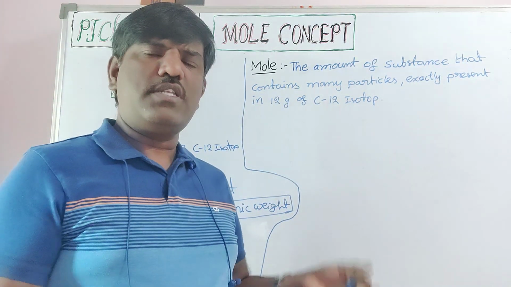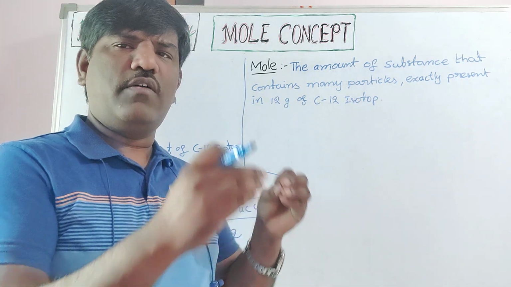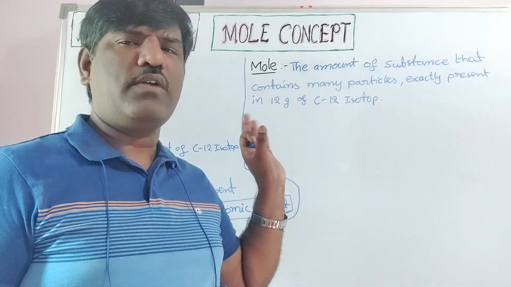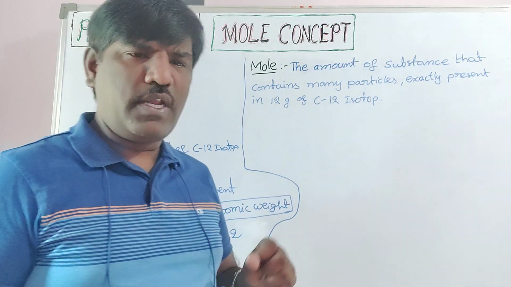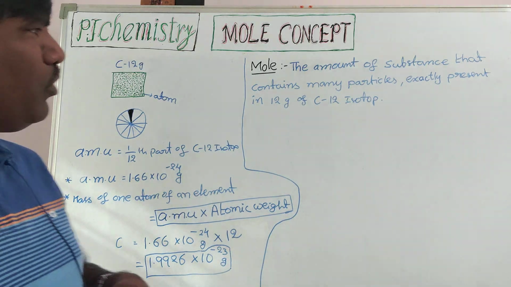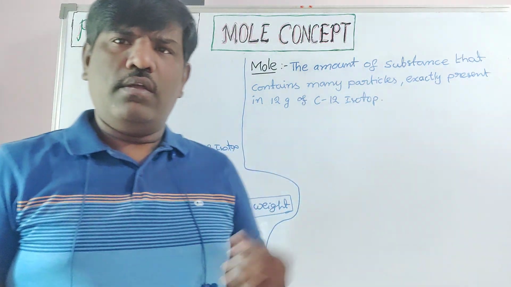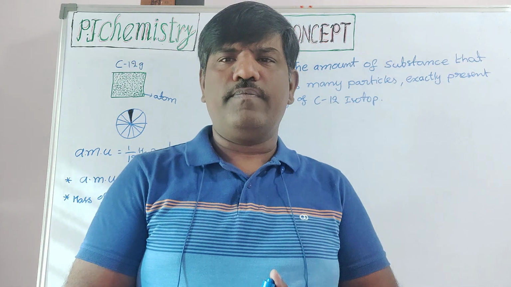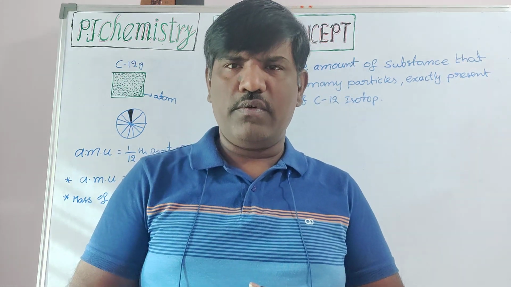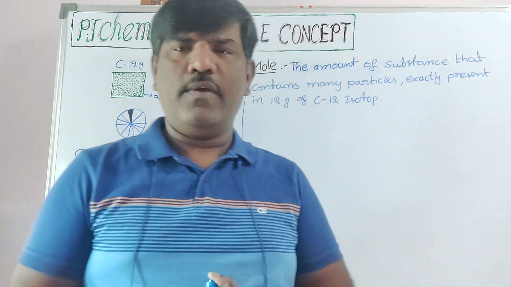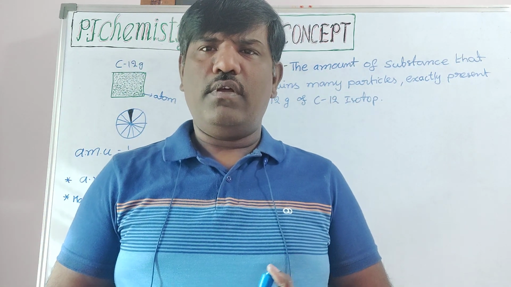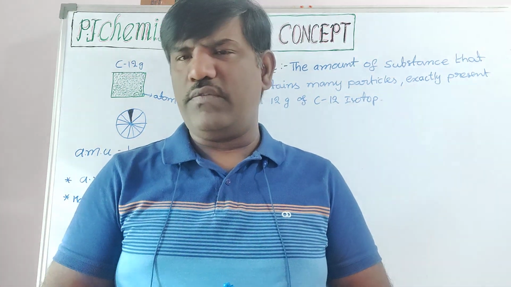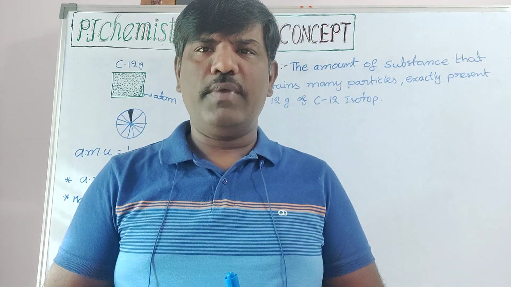The amount of substance that contains many particles, however many particles there may be, all those particles exactly equal 12 grams of C12 isotope. How to understand this definition? Just take it like this. When we go to the market to purchase 1 kg of tomato, what do they do immediately?